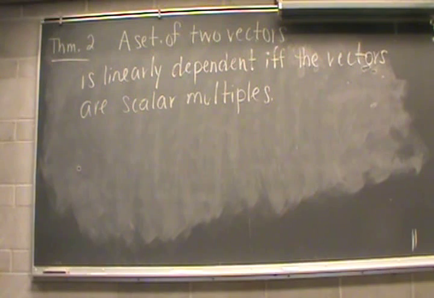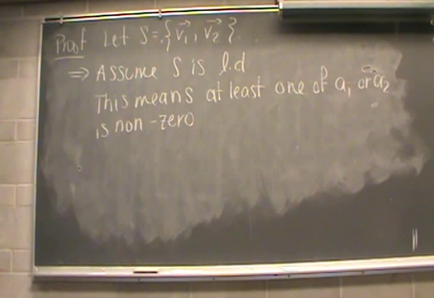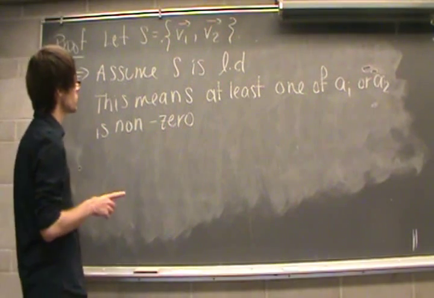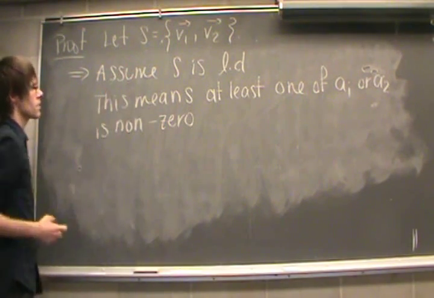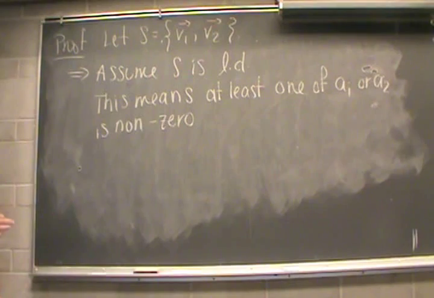Theorem number 2 deals with a set of two vectors. It says that if we have two vectors inside of a set, they're going to be linearly dependent if and only if the vectors are scalar multiples of each other. First, let's prove the forward direction. So we'll let our set S consist of two vectors, v1 and v2, and we're going to assume that this set is linearly dependent.